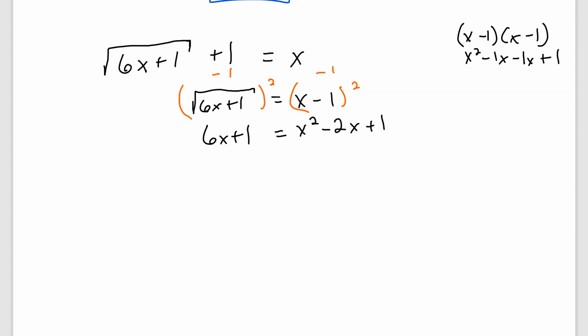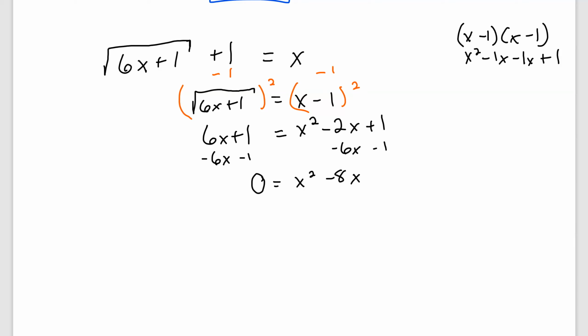Because I have an x squared, I am going to move things to one side. So I'll subtract my 6x, and I will subtract my 1. So I will get 0 is equal to x squared minus 8x.